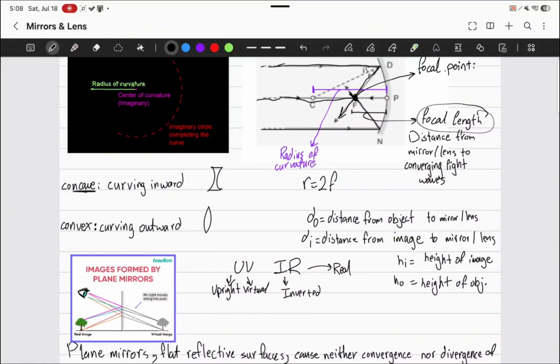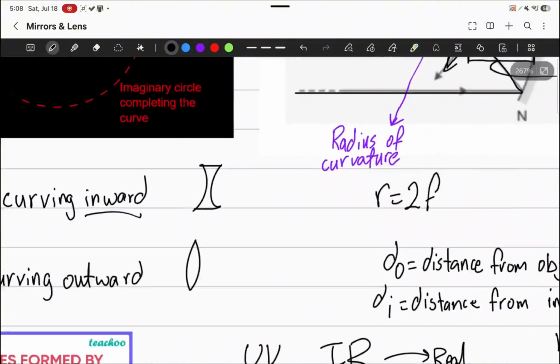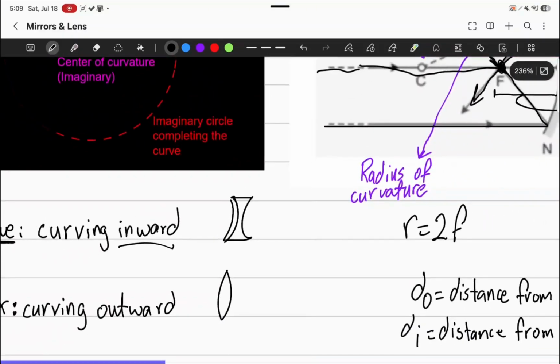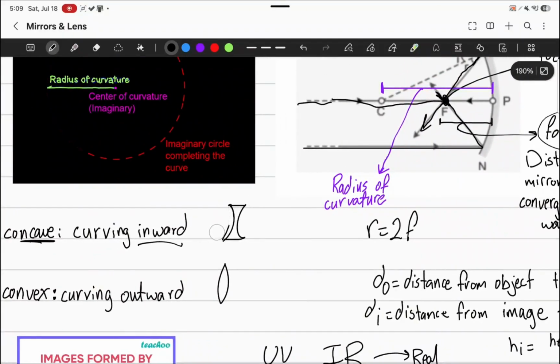Another thing we need to talk about is what concave and convex mean. Concave means that it's curving inward. A good way to think about it is that it goes inward rather than extending upward, like the inside of a cave.